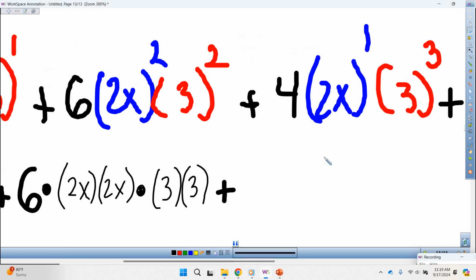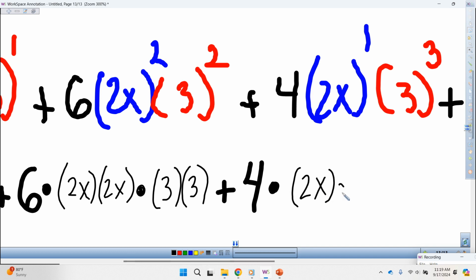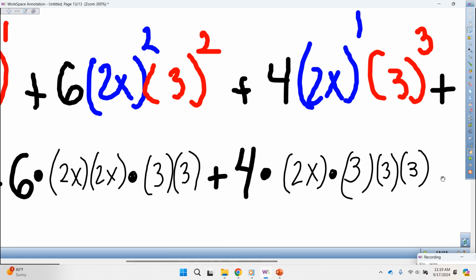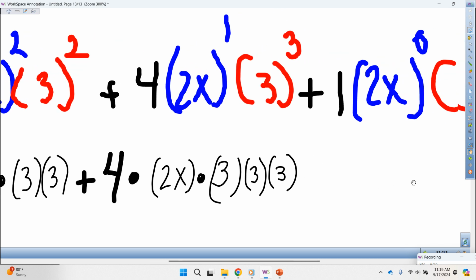Bring down the 4. Times. 2x to the 1st power is just 2x. Times. 3 to the 3rd power is 3 times 3 times 3. And our last term, here we go.